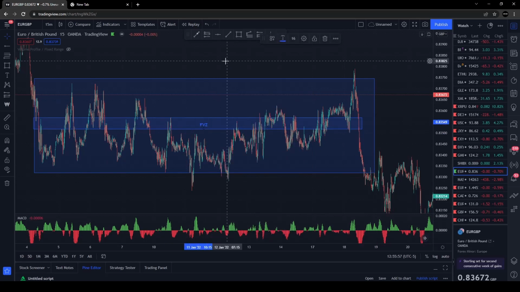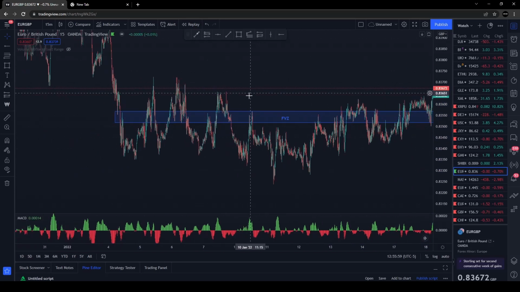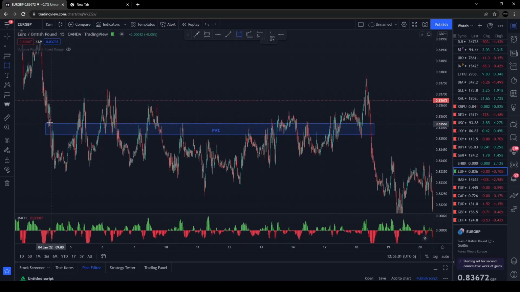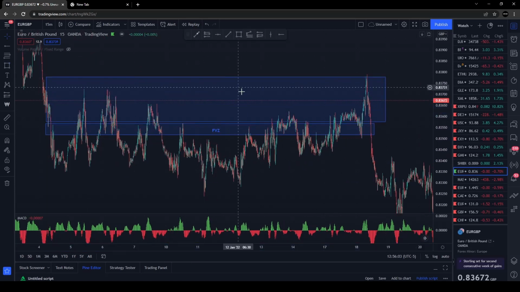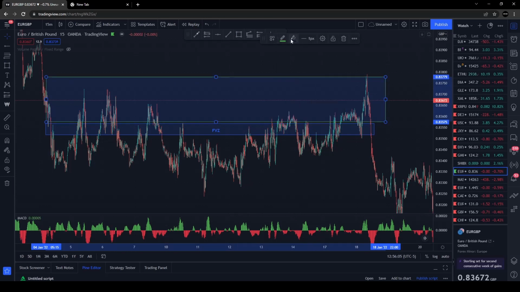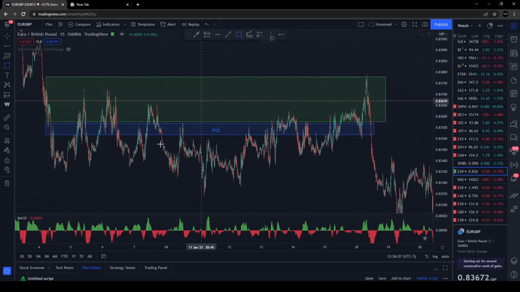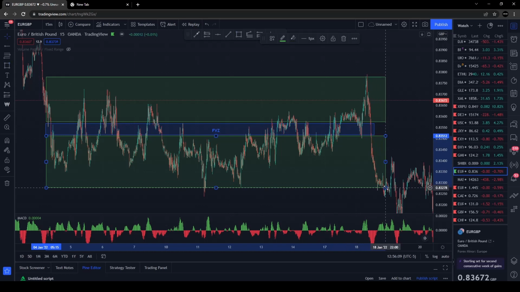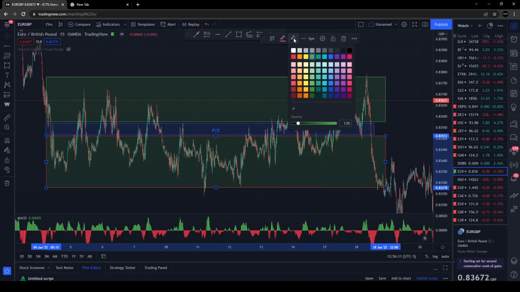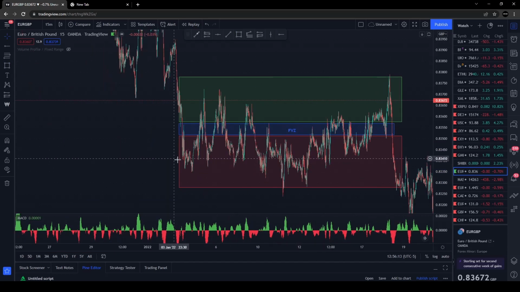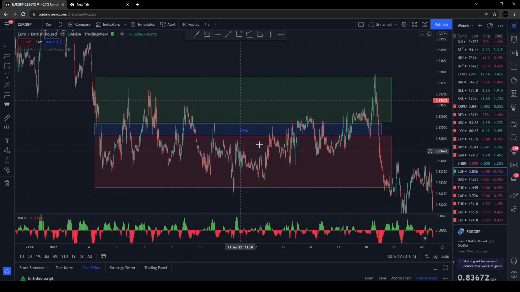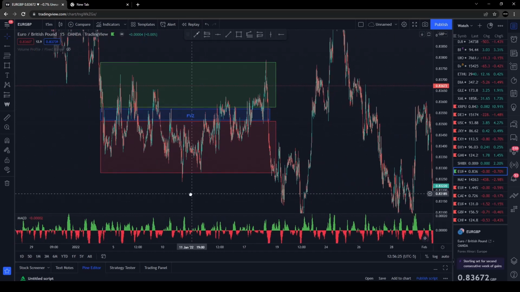we have one side being the bullish side here, and we have another side being the bearish side here. So the difference is, this defines the negative part of the consolidation, and this here is the positive side of the consolidation.